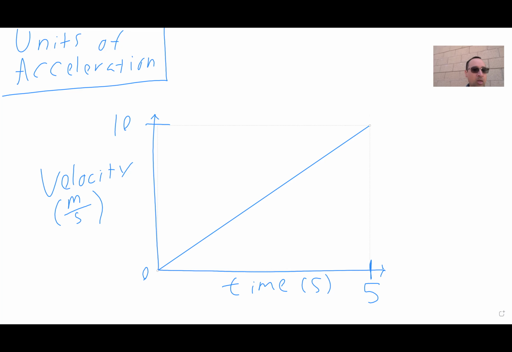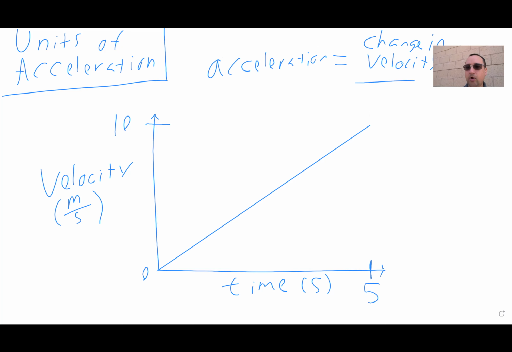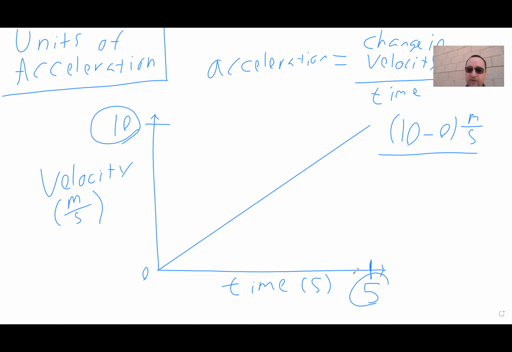So acceleration equals change in velocity over some amount of time. So in this case, this person goes from 0 to 10 meters per second, okay? So 10 meters per second minus 0 meters per second, so 10 minus 0, and the unit is meters per second, all over 5 seconds.